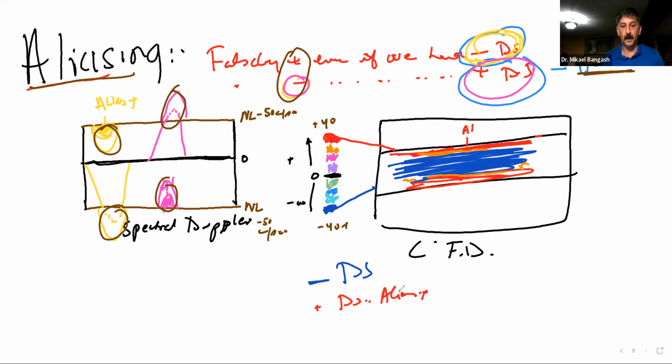Because some of you may say, it could have been that the positive Doppler shift, the blue one, was the actual one. Why is that not the aliasing in this case here?